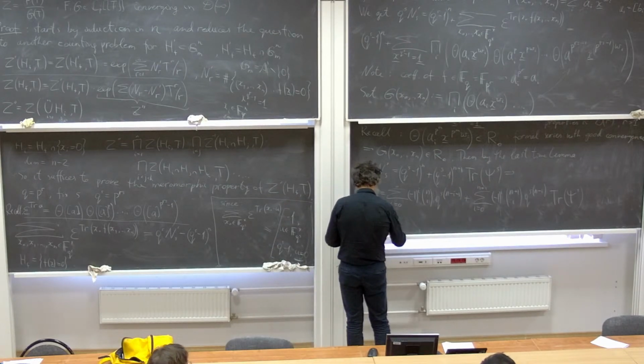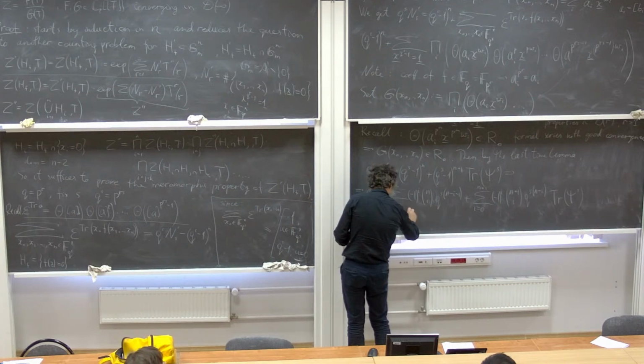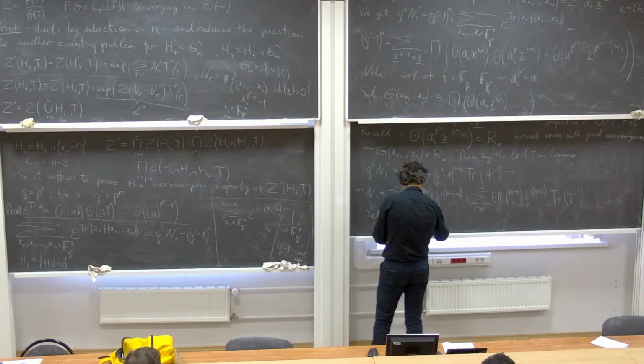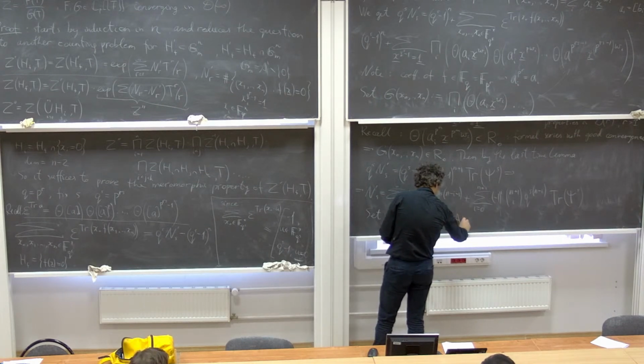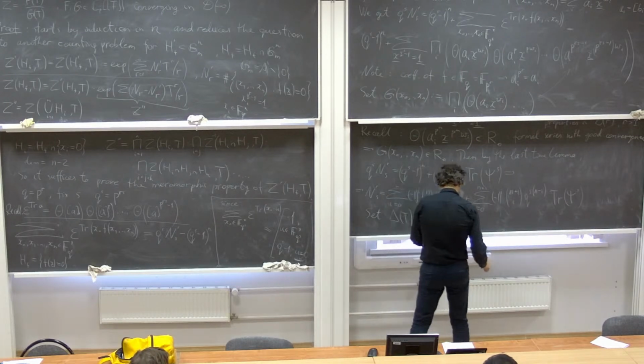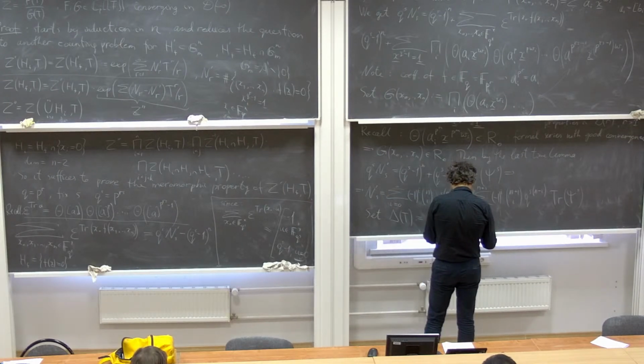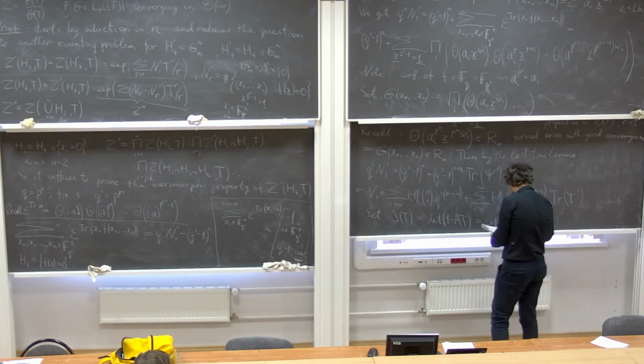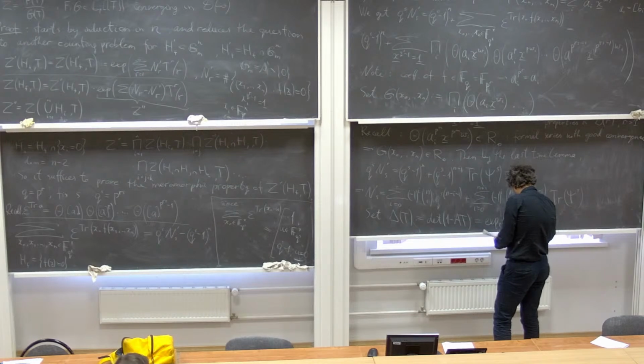So we set delta of t is the determinant of 1 minus at, and this is the exponent of a negative sum of traces.